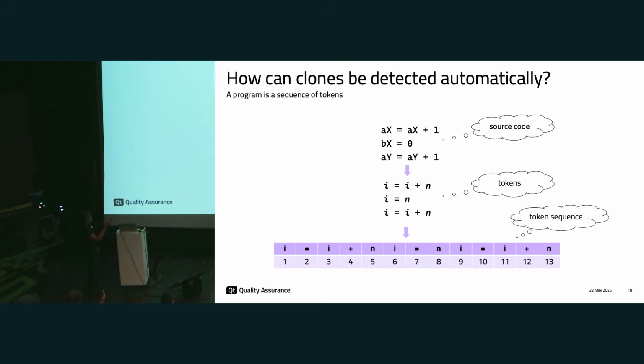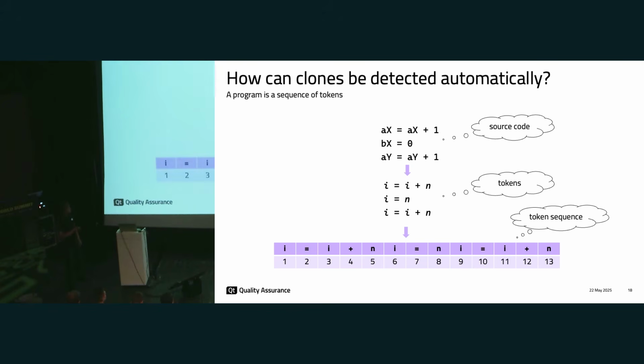Then we have another identifier that would also have the ID token. We have a plus. The number would be summarized as a number token. So we have 2 numbers here, the 0 and 1, and they would be mapped onto the same type of token. And by doing that, we abstract from the textual occurrence, the image of the text of the token. That allows you to identify type 2 clones.